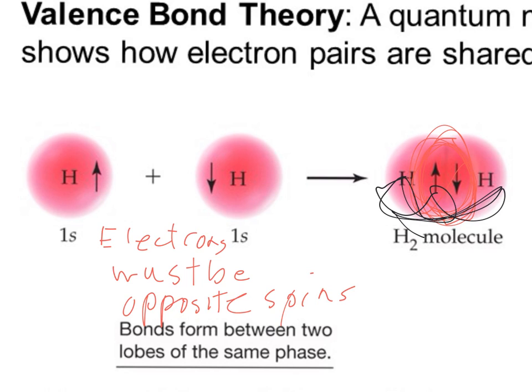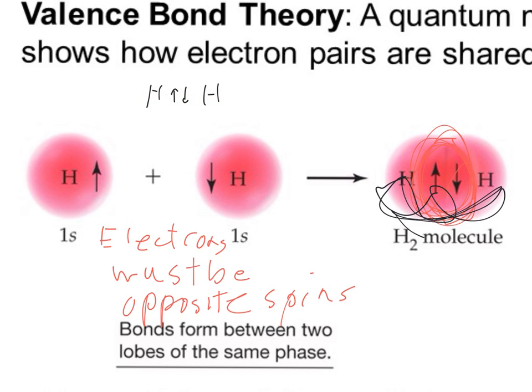I like to think of it not as a physical overlap, but as these two nuclei having gotten so close together that in a statistical model, the probability of this electron belonging to this hydrogen atom is equal to the probability of it belonging to this hydrogen atom. And this electron's probability is equal to that.